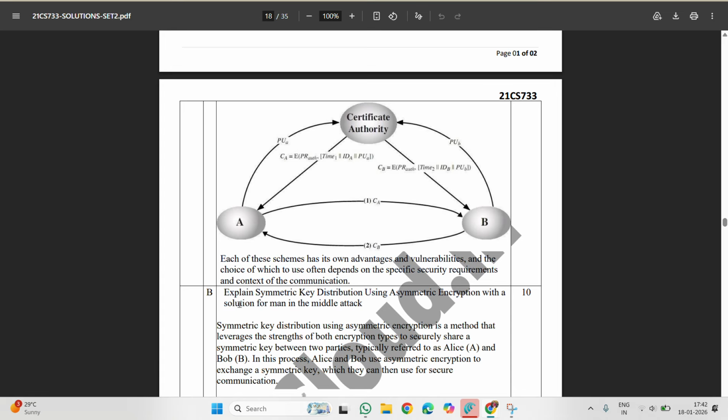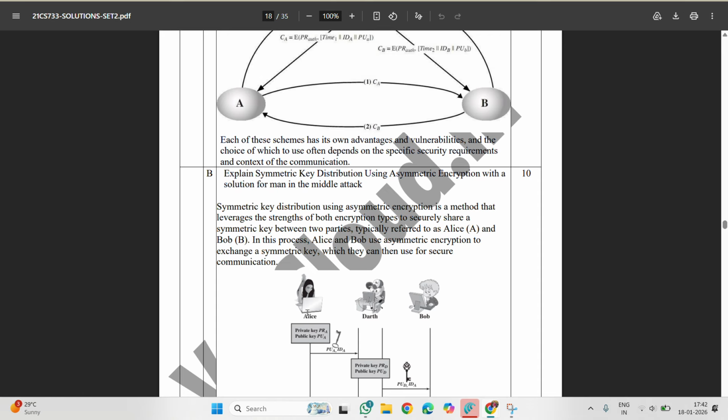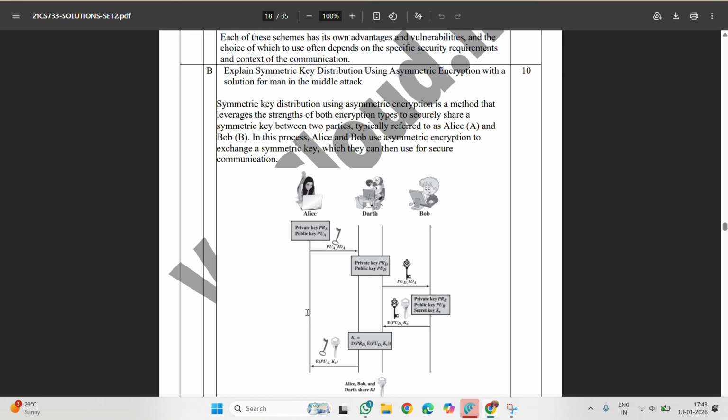Coming to the question number B, explain symmetric key distribution using asymmetric encryption with a solution for man in the middle attack. You people have to explain symmetric key distribution and the man in the middle attack problem for asymmetric encryption.